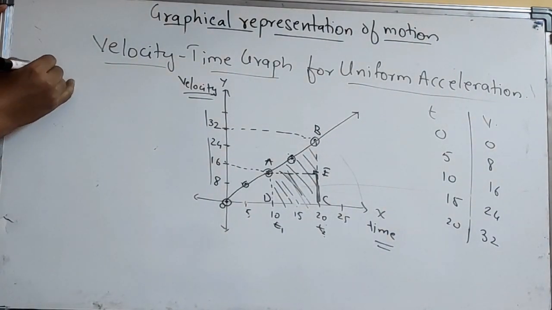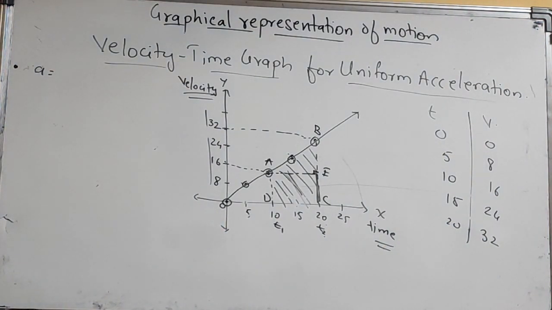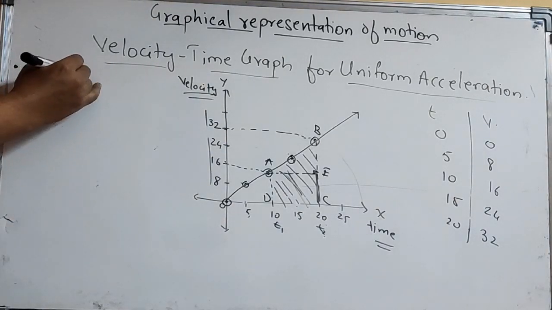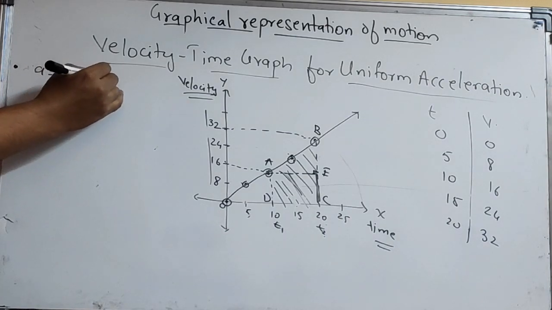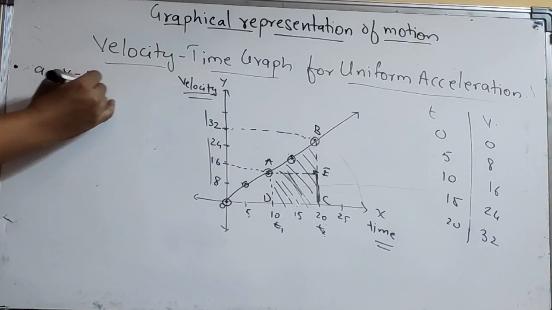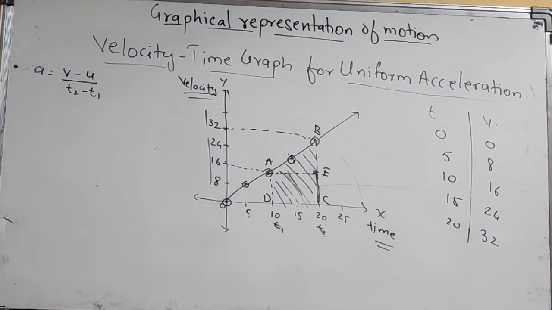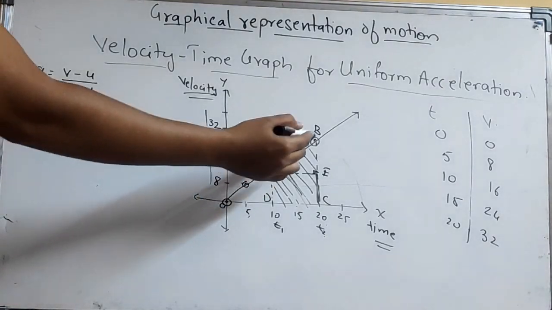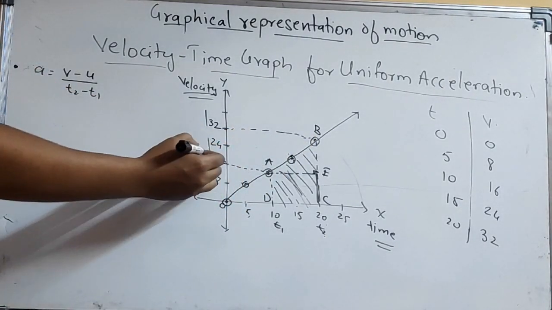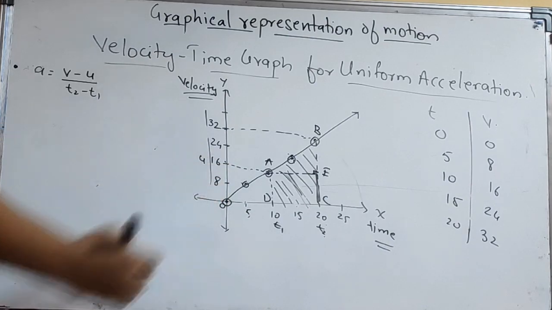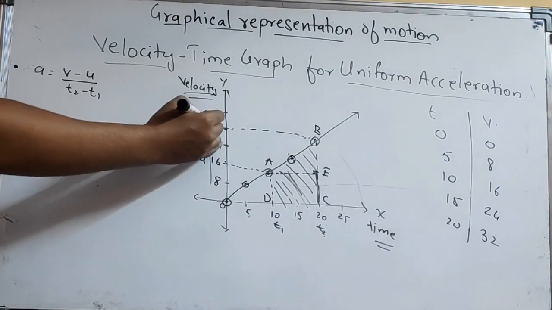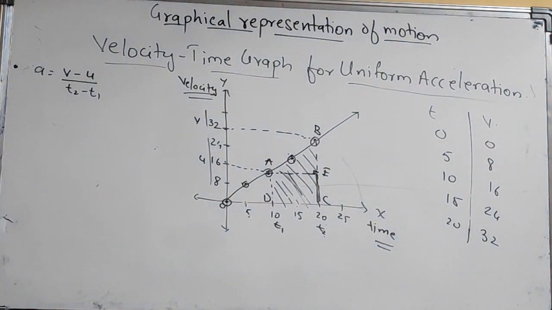Now, acceleration is what? Acceleration is nothing but the rate of change of velocity. The formula for acceleration is final velocity minus the initial velocity upon the time taken, which here will be T2 minus T1. We'll consider acceleration from point A to point B. At point A, this is U, the initial, and at point B, this is V, the final.